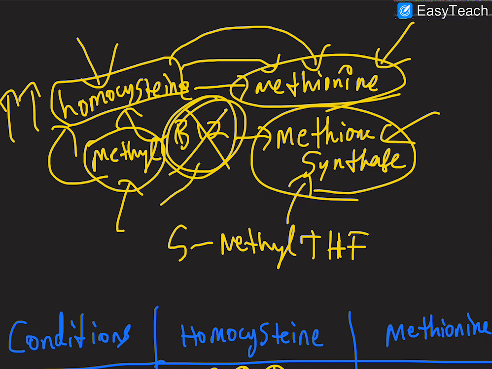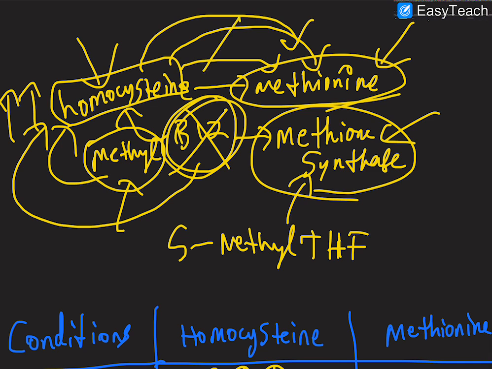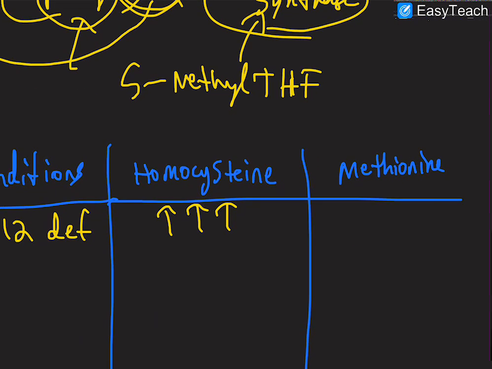B12 needs to give that methyl group from activated folate to homocysteine. But you don't have B12 because we're talking about B12 deficiency, so you can't do this. So homocysteine can't get methylated and cannot get converted into methionine. So you see decreased methionine in B12 deficiency.